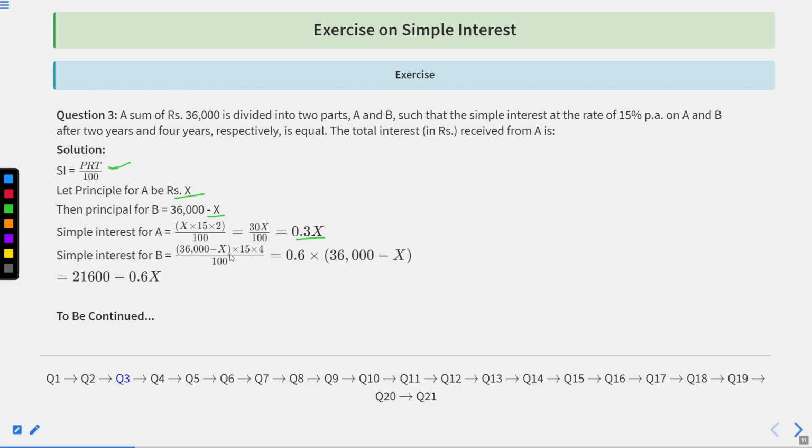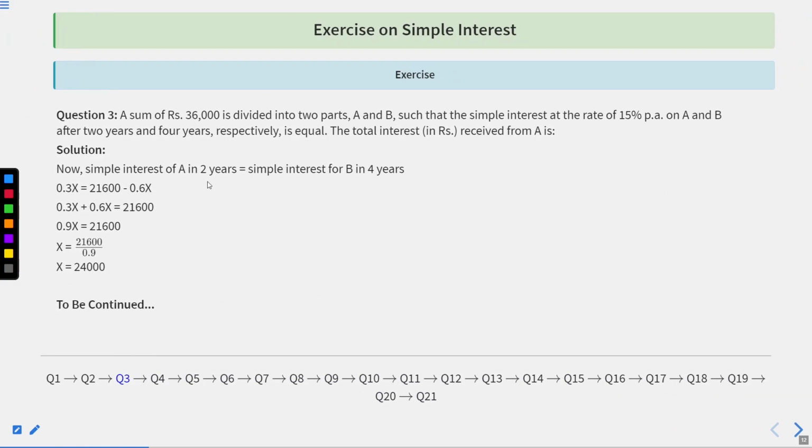So the simple interest for B is equal to 36,000 minus X times 15 times 4 upon 100. So 0.6 times 36,000 minus X, which is equal to 21,600 minus 0.6X.